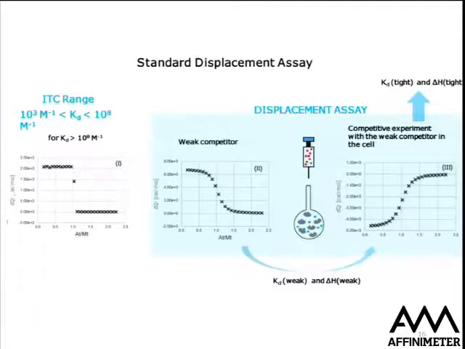So what they look for is another weak competitor. They perform the experiment, they get the thermodynamic information, and they perform a competitive experiment with the weak competitor in the cell and the high affinity ligand in the syringe. And they can extract the information of the high affinity ligand, taking into account the information from this. The problem with this is, first of all, there is a limitation.